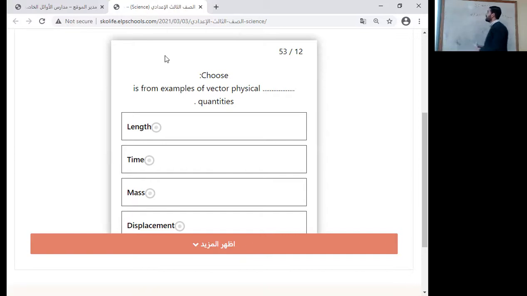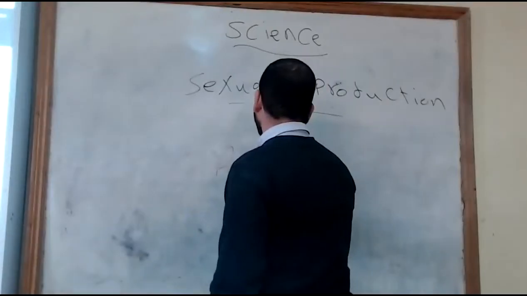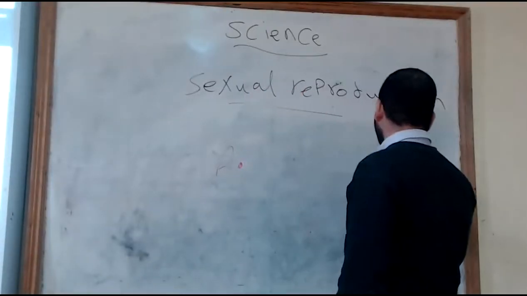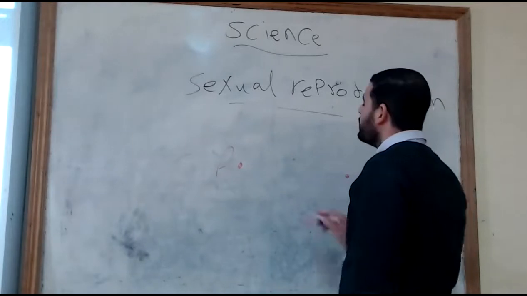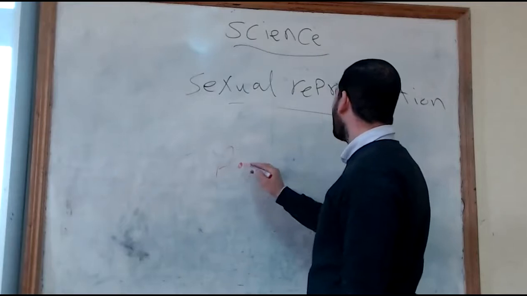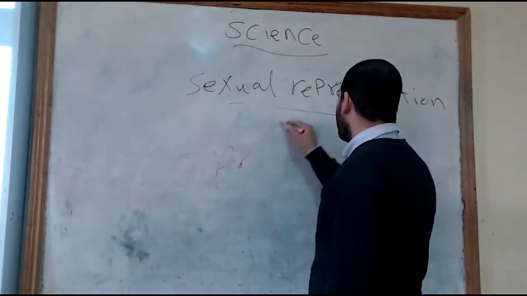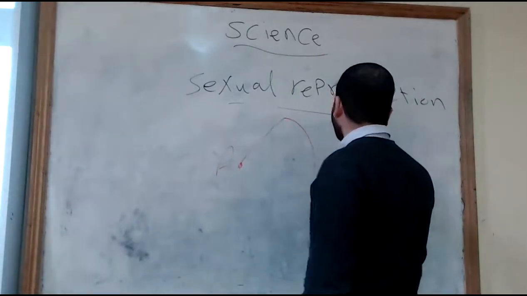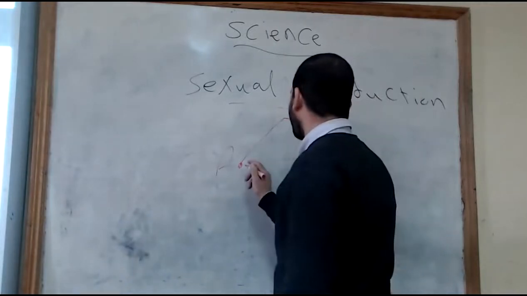And let's talk about displacement. If you are moving from one point A, for example, to a point B, you can move according to the conditions of your road from point A to B in a curved or not straight line, okay?